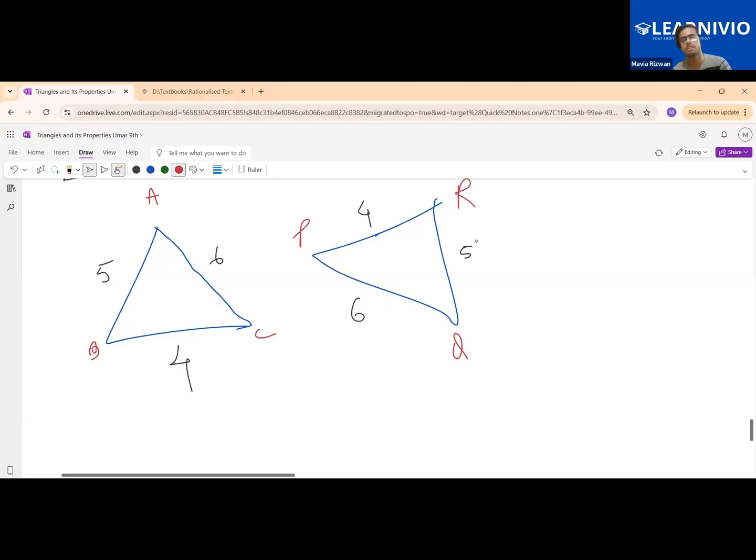Yes, Umar. Tell me, are these triangles congruent? Yes, sir, they are.